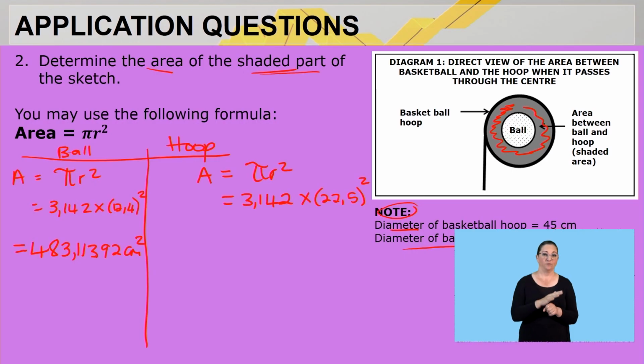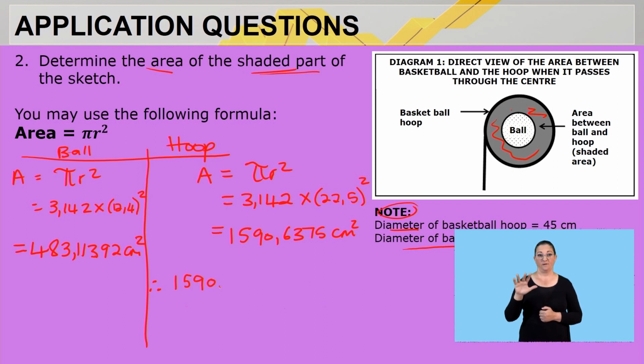That will give me a total area for this hoop of 1,590.6375 square centimeters. So what will happen now, I'll take the area of the hoop and subtract the area of the ball. Okay guys, so I'll take the area of the hoop, 1,590.6375 square centimeters, and then I'll subtract the 483.11392 square centimeters.